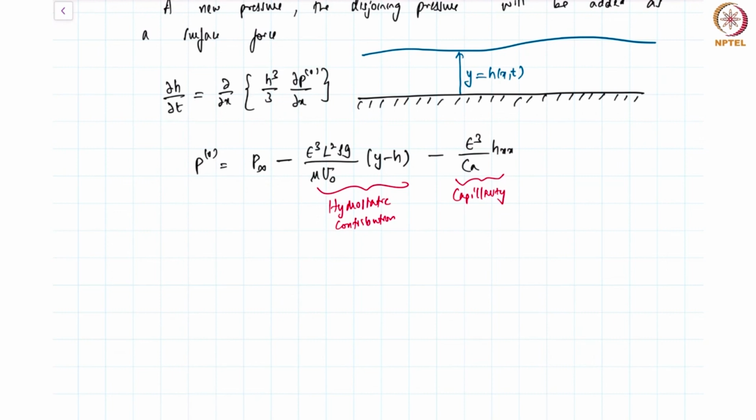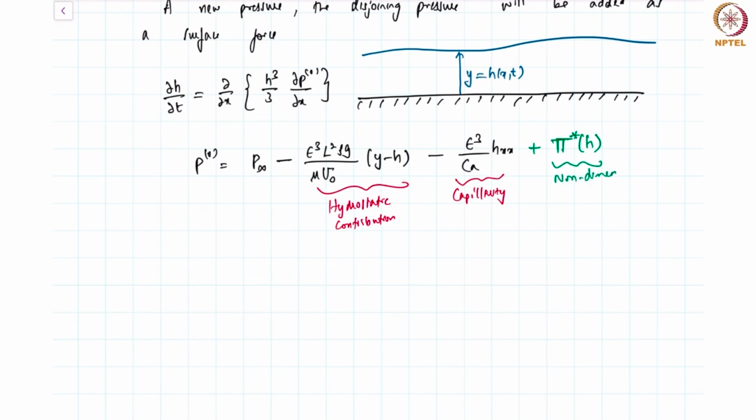And finally, we will now have a new term, which is basically the disjoining pressure. Let's call it pi star of h. Meaning, this is a pressure that directly depends on the local thickness of the interface. Remember, this pi of h is in a non-dimensional form.